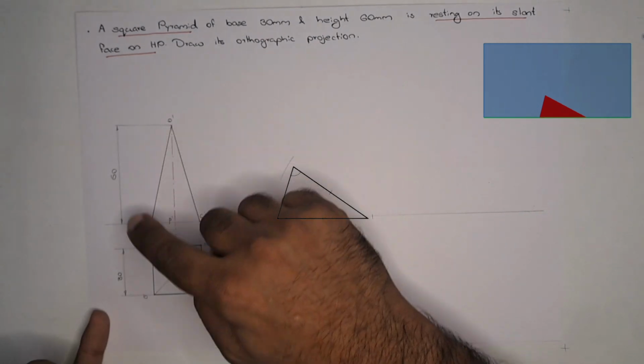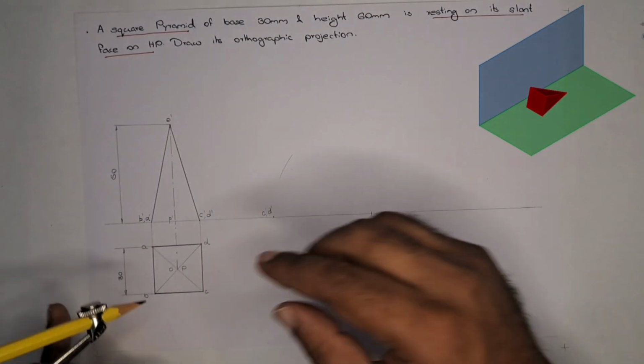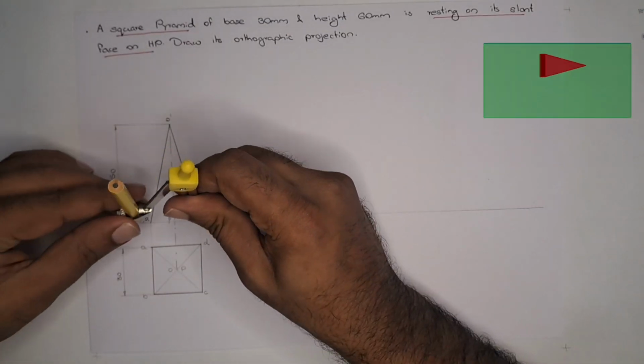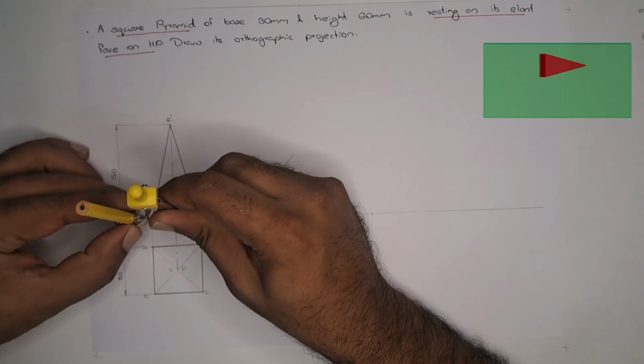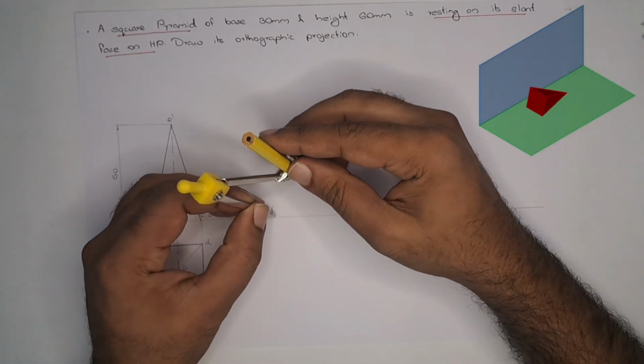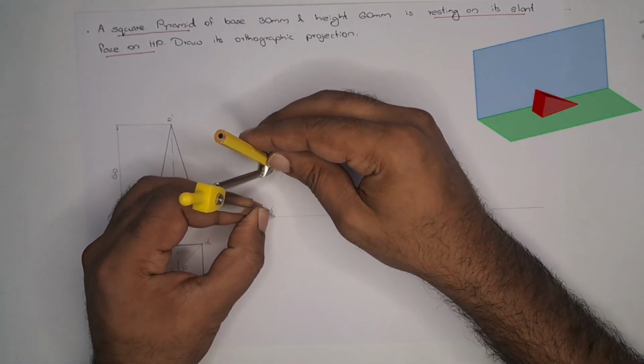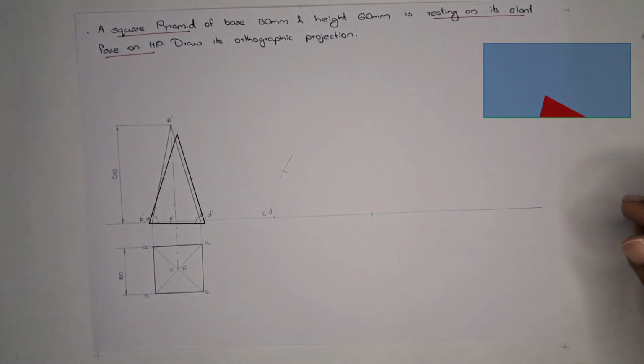So I plot the OB over here and now going to the base and cut it here.